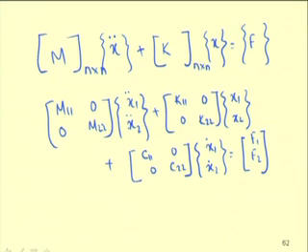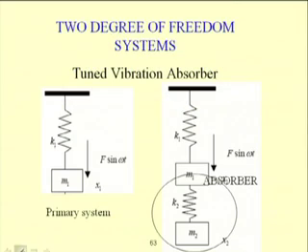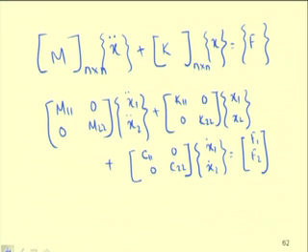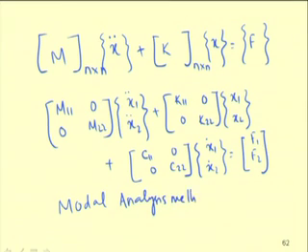In this case one can find the transient response and the steady state response of the system. But how to reduce this coupled equation to an uncoupled equation? For that purpose one can use the modal analysis method, to reduce the set of coupled equations to a set of uncoupled equations.